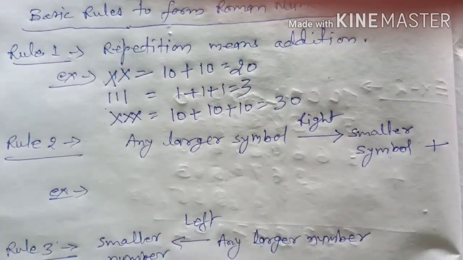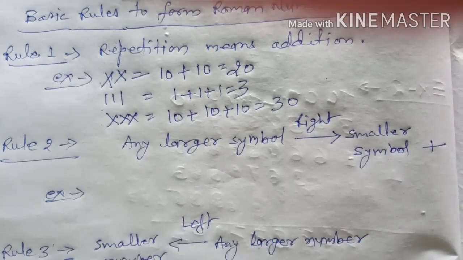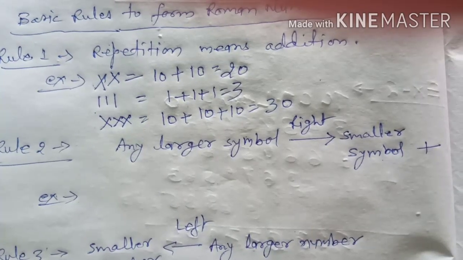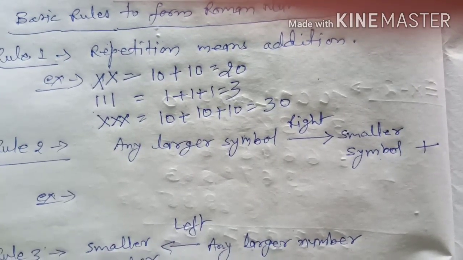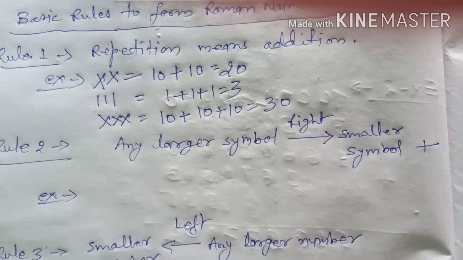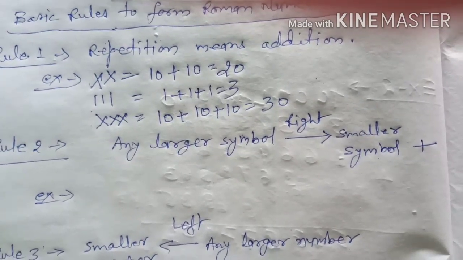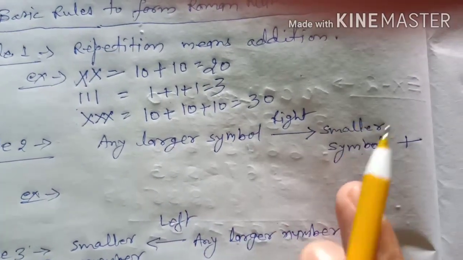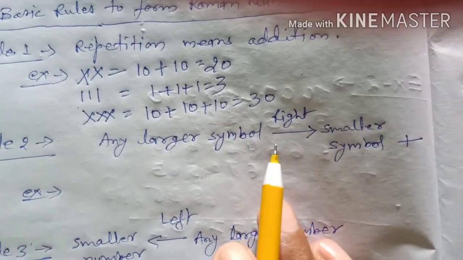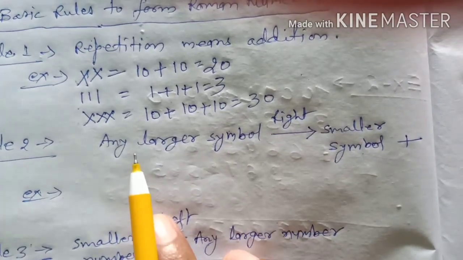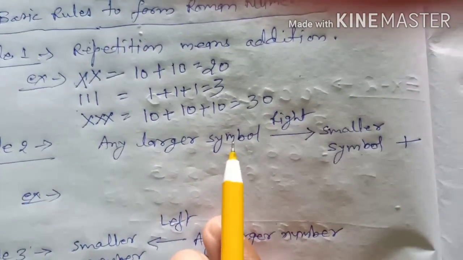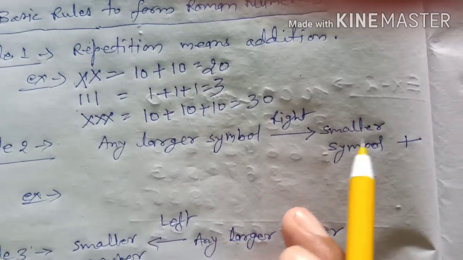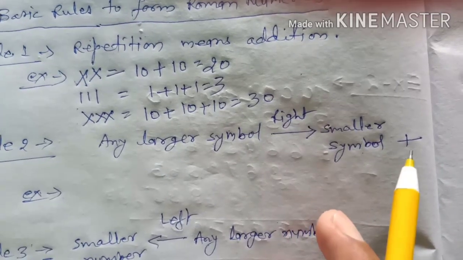So it is clear that in forming the Roman numerals, repetition means addition. Now come to rule 2. If any smaller symbol lies to the right of any larger symbol, it means add.